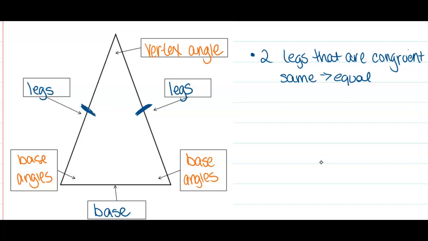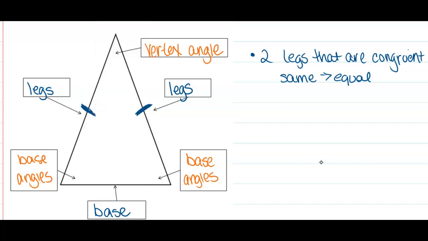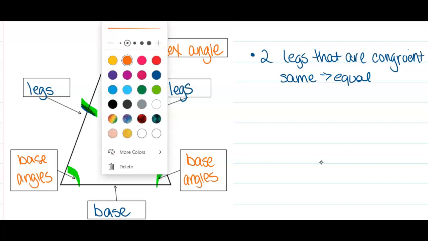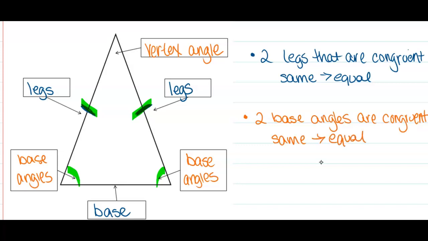I do that all the time. So if we have our 2 legs that are congruent, our base angles are also going to be congruent. So isosceles triangles have 2 base angles congruent. And congruent means they're the same, which means they are equal measure.